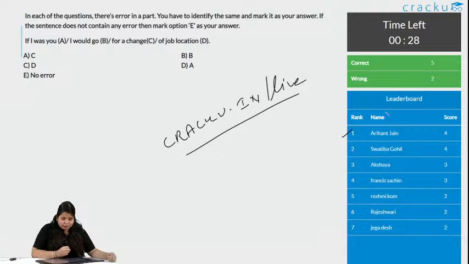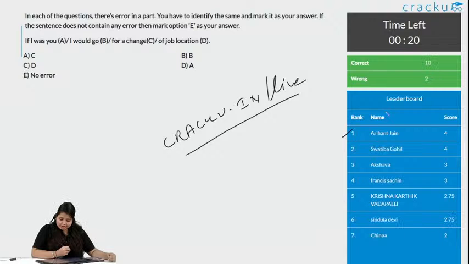Oh, this is an interesting question. Okay, 12 people got this correct and 3 wrong. Let us see what is the solution after 10 seconds, as the countdown of 10 seconds started.